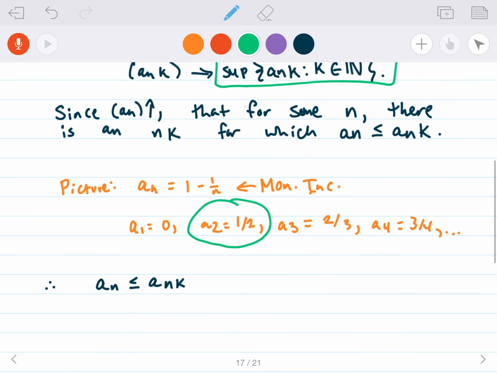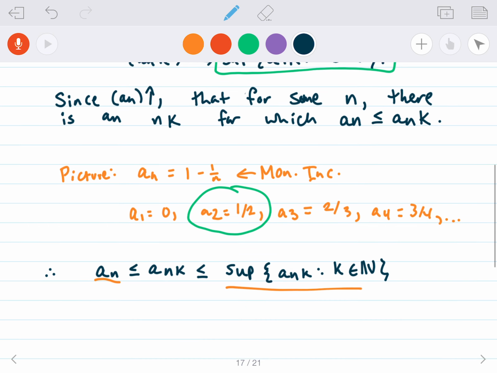So this is always going to be less than or equal to the supremum of the set, right? That's just what the supremum means. And so what we have is that a sub n is bounded above by the supremum.